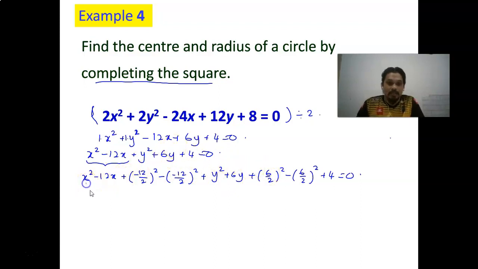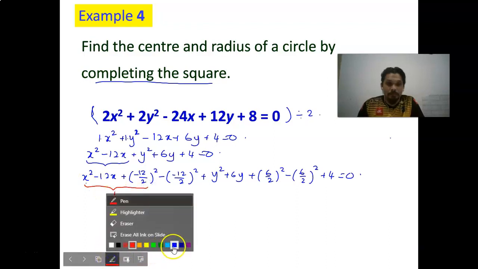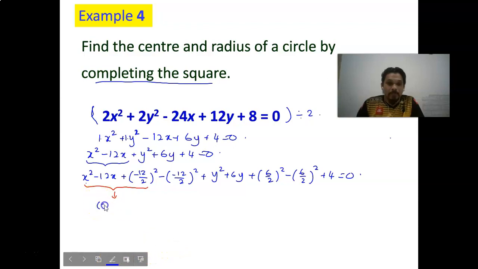This one will come up with x plus (negative 12 divided by 2), which is negative 6, squared, minus (negative 12 divided by 2), negative 6 squared, equal to 36.